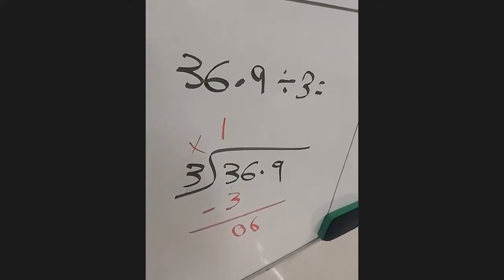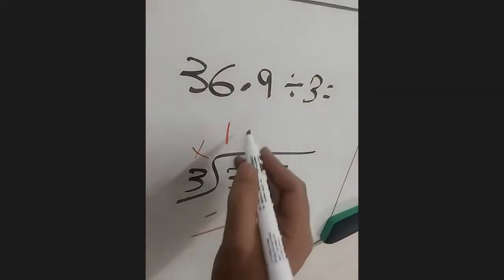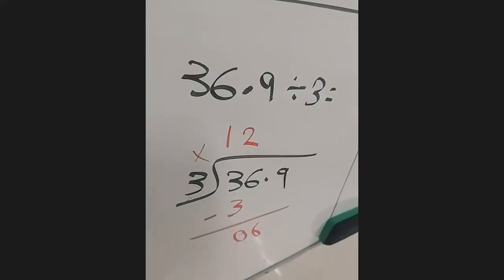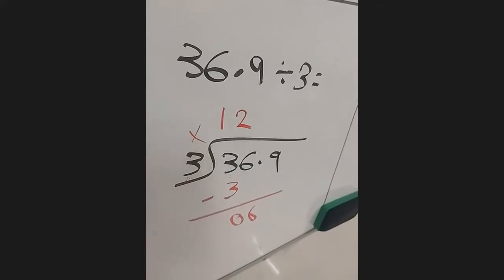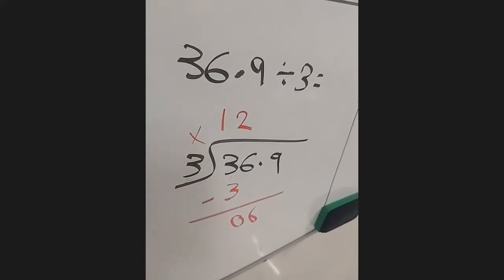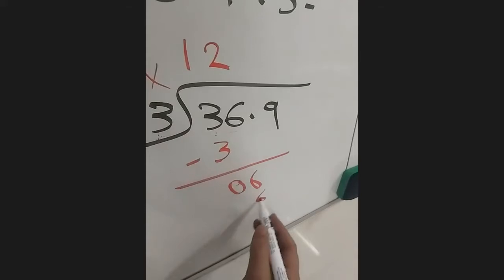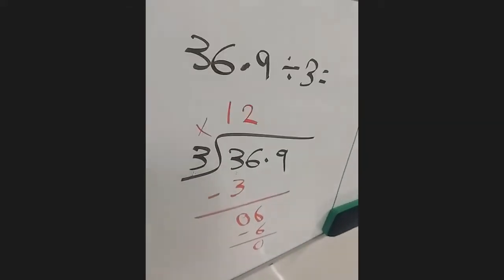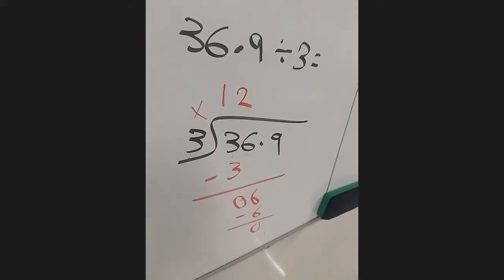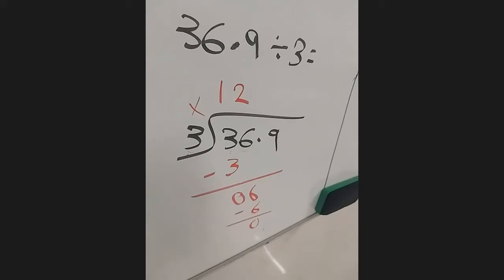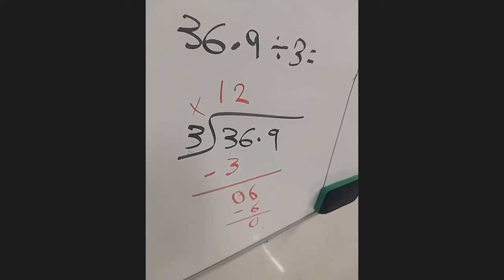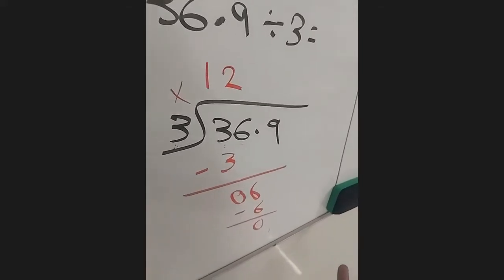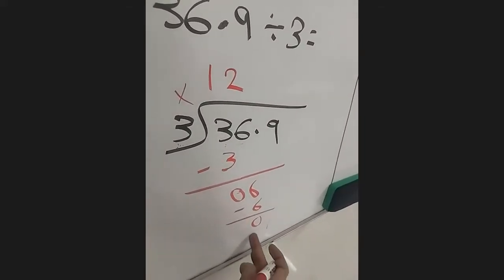Then we subtract, right? 6 minus 6. We did it. 0. We're finished with that.